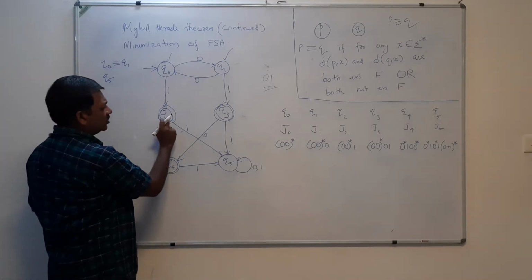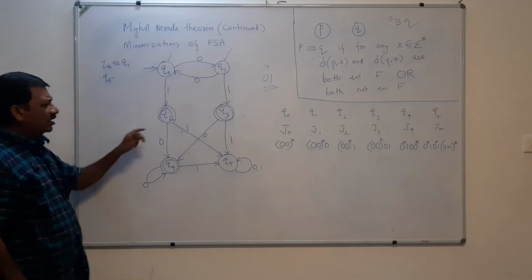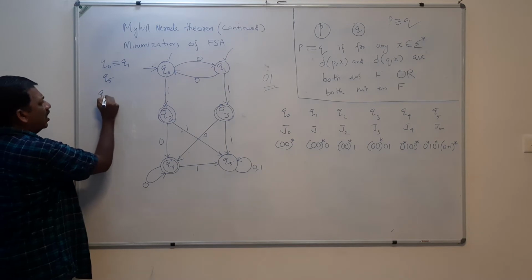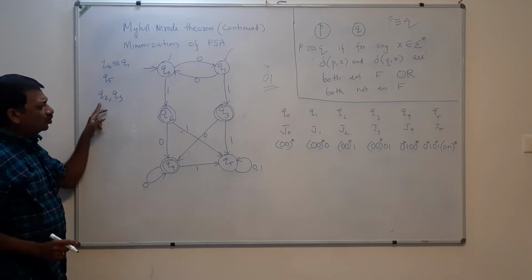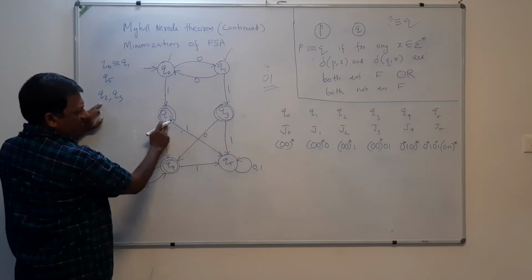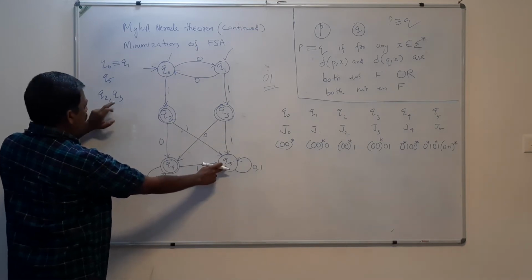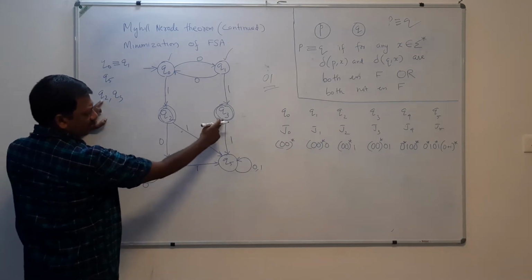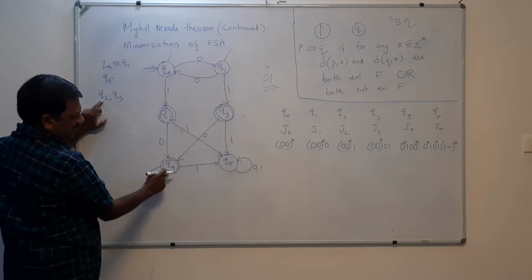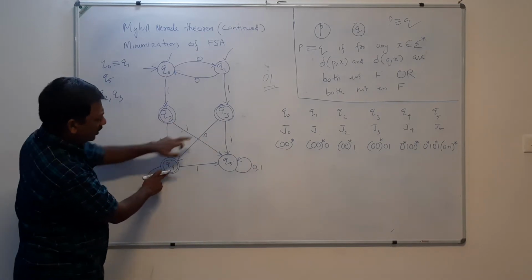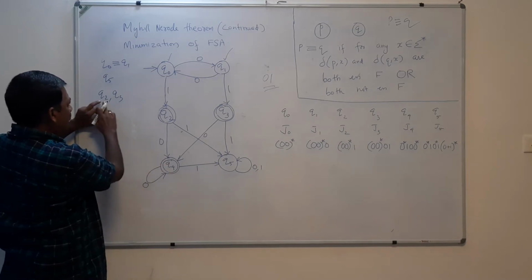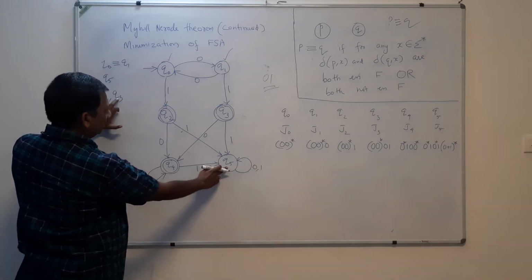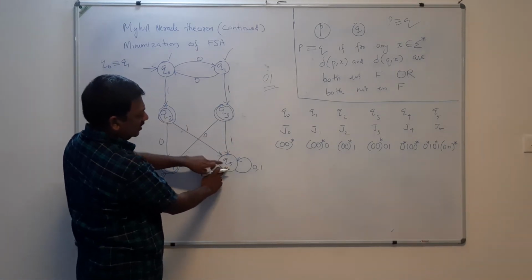Now we are going to check whether Q2, Q3 and Q4 are equivalent. First I test whether Q2 and Q3 are equivalent. Q2 on 0 reaches a final state, and Q3 on 0 reaches a final state. What about 1? Q2 on 1 reaches a non-final state, and Q3 on 1 reaches another non-final state.